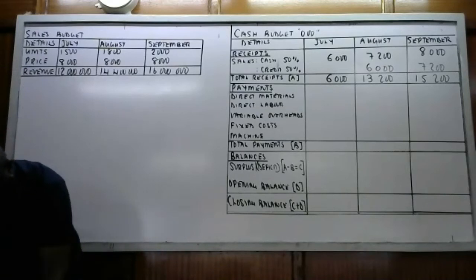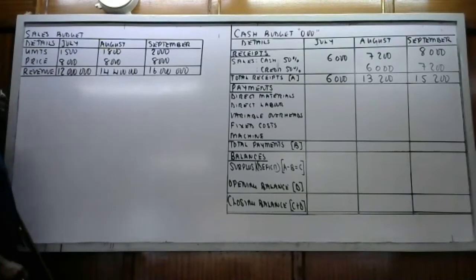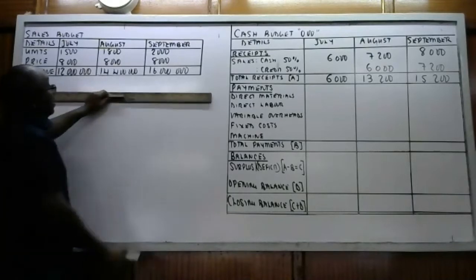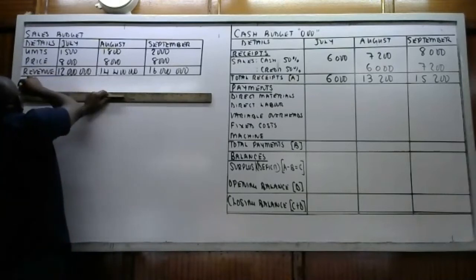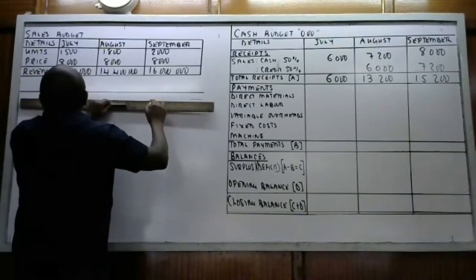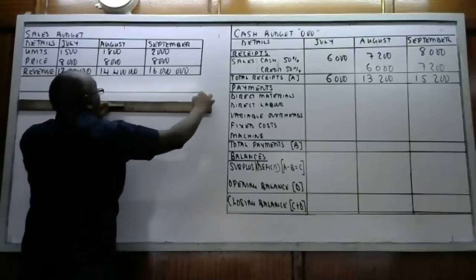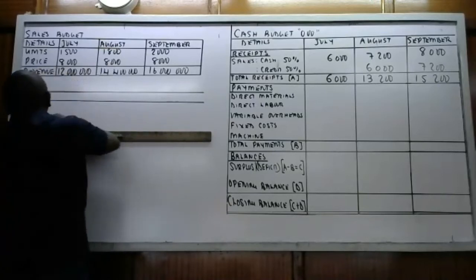So this question is very good because it has some other workings. The other working that we want to have is called production budget.